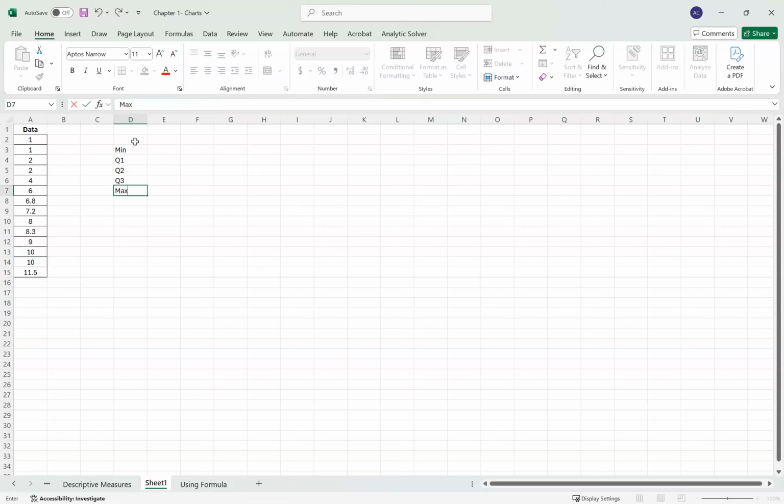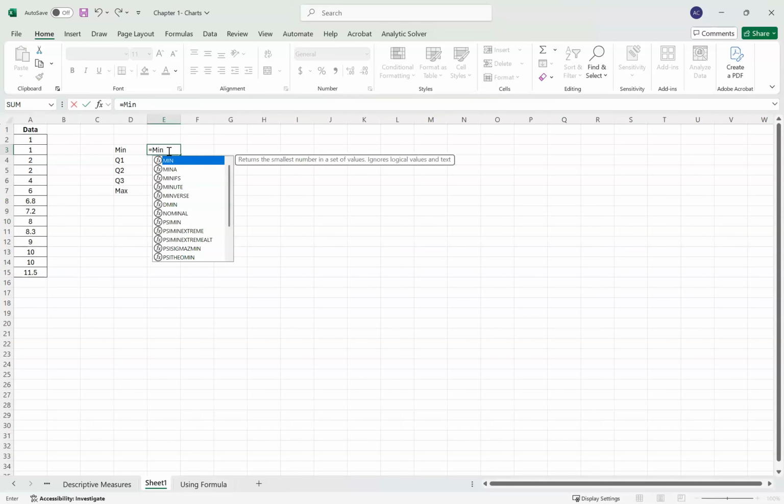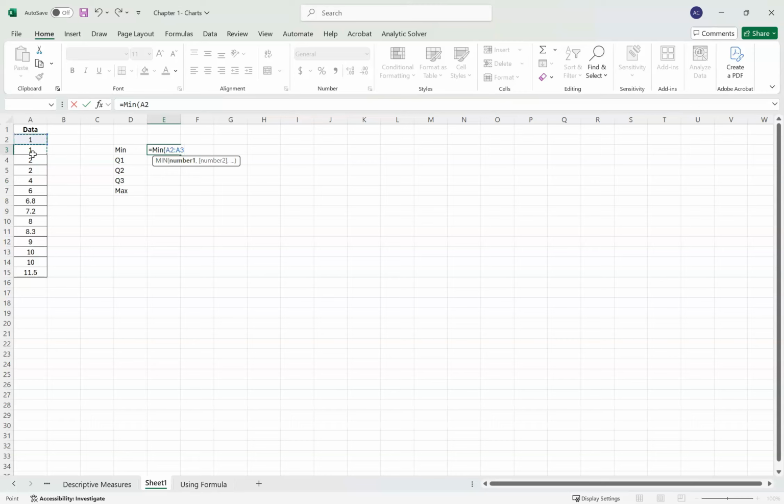So we want to find these 5. To find the minimum, you need to press equal to MIN and select the whole data set. We can easily see the minimum is 1. So press it and it will show 1.